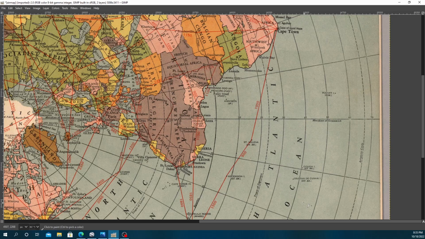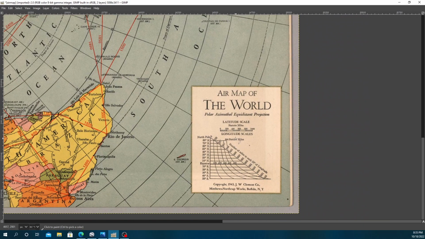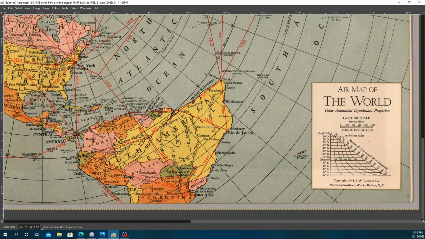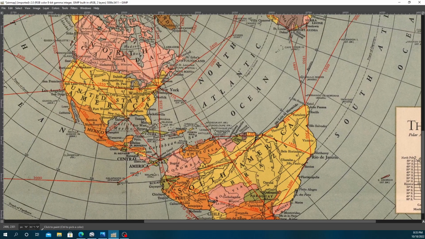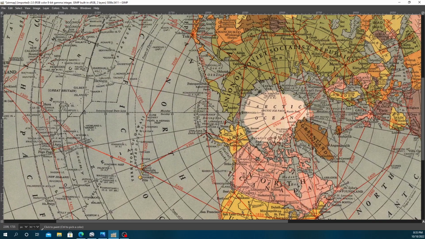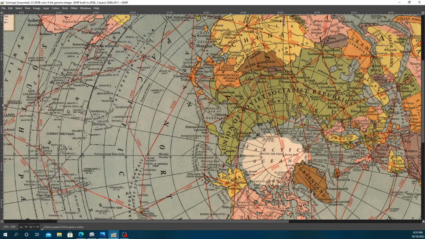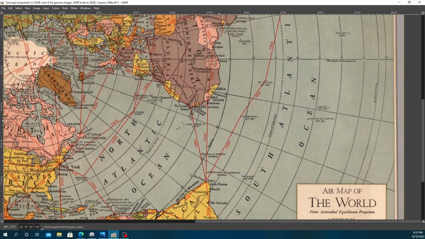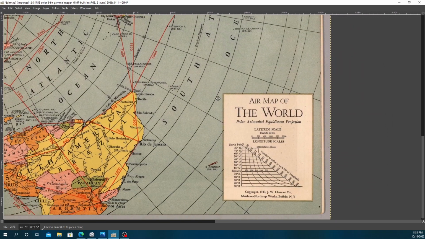You could use that scale down here at the bottom, and that'll tell you how many miles it was on these meridians from the North Pole to any other destination on the Earth, or between two places on the Earth, as long as you're measuring in this direction from north to south. No matter which way you're going, north to south, that's the scale. All the miles are equal, they're equidistant.